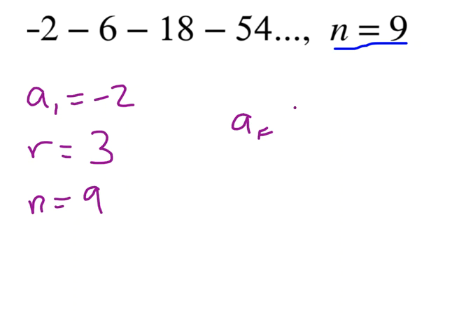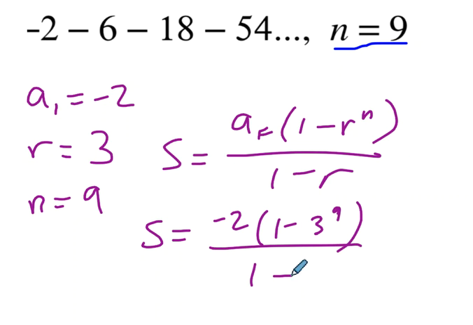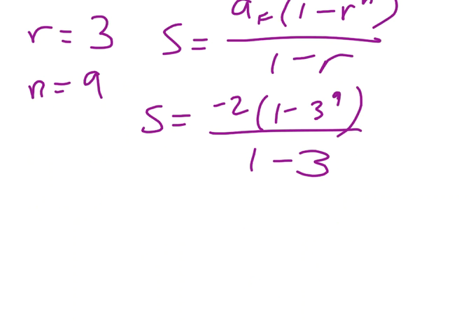So a1 times 1 minus r to the n over 1 minus r, that's our formula. Negative 2, 1 minus 3 to the 9th.